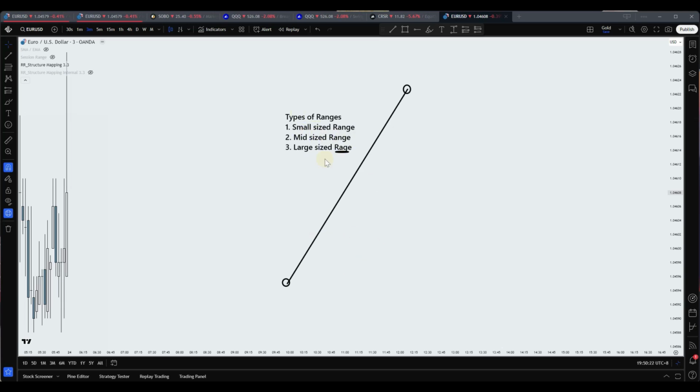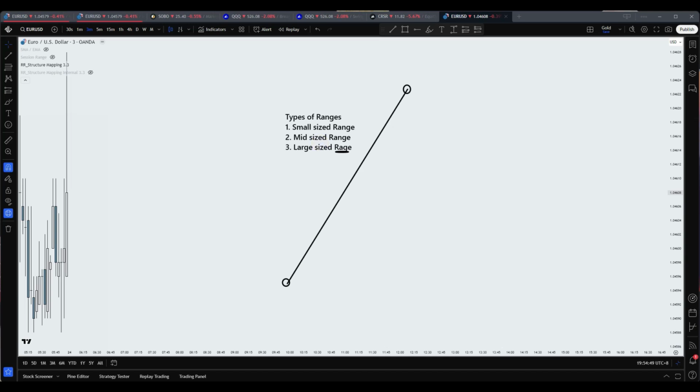I will give you different examples on the chart as well. But first you have to understand, whenever you have a range, you first need to check. This is your first check on your checklist: what type of range it is. Is it small, mid or large sized range? Once you are done with this, then the other steps will come into play.